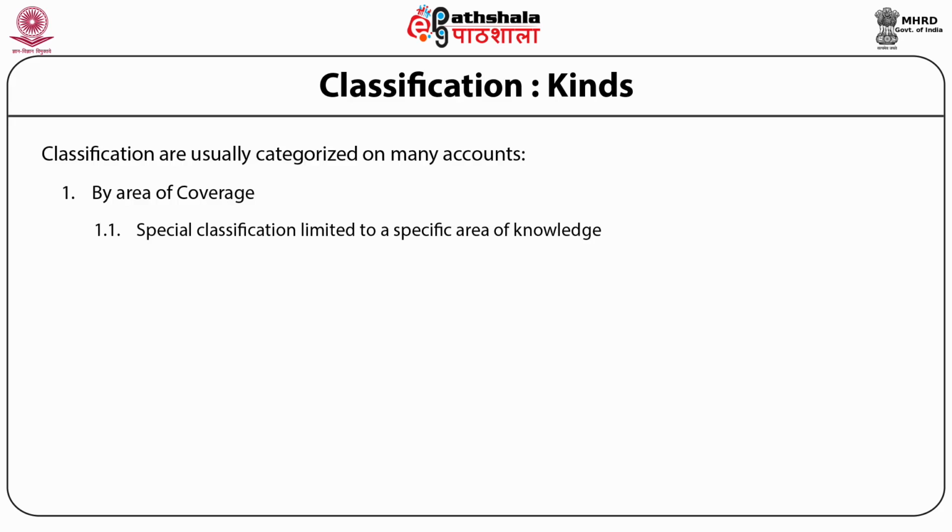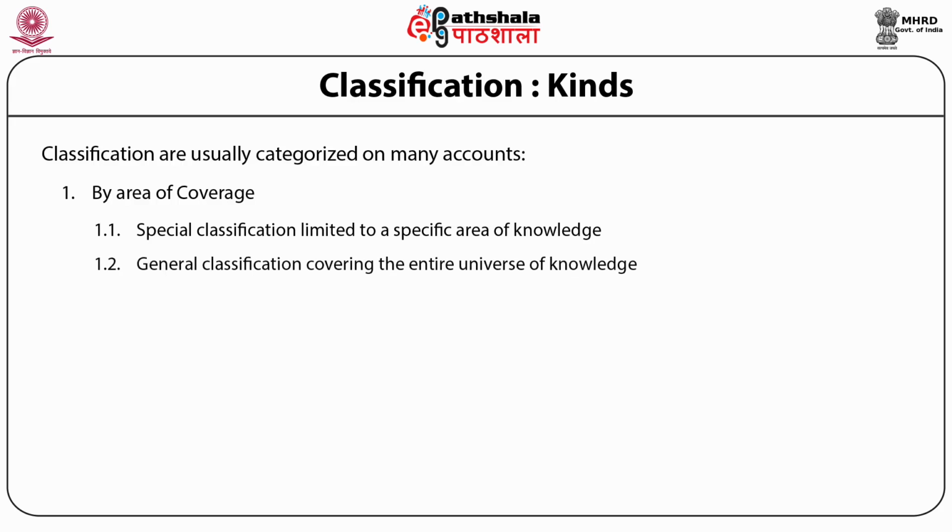These are special classifications which are constrained by the area of coverage, and these are usually required in special libraries. They are meant for detailed subject analysis, and they are required to classify micro documents such as journal articles, research reports, theses, patents, and so on.